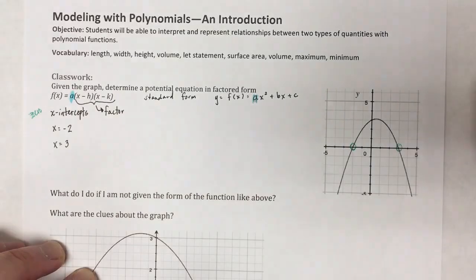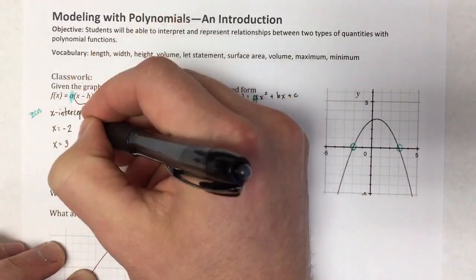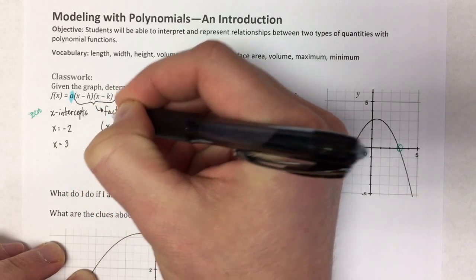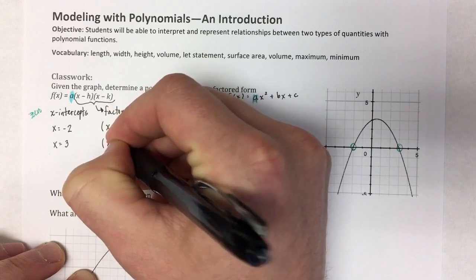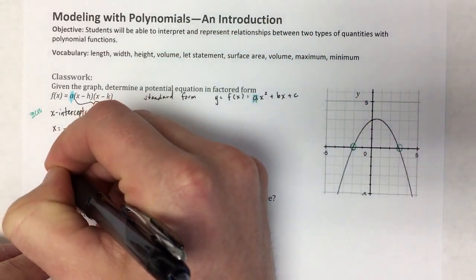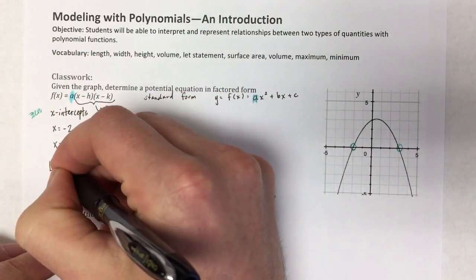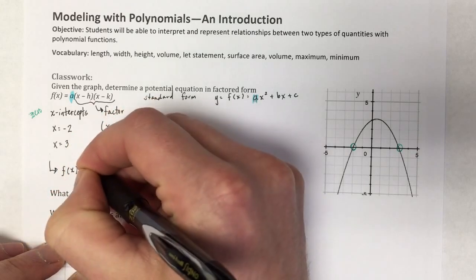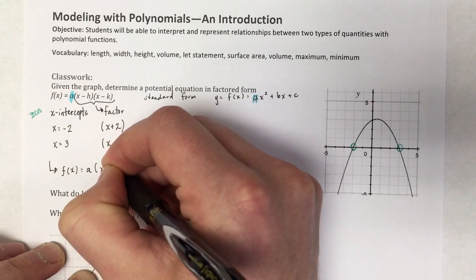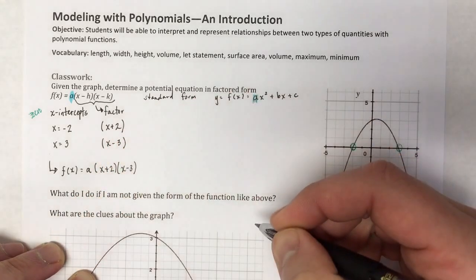And the question is, what factor brought us to the answer of x equals -2? And so one of the factors must have been x plus 2. The other factor would be x minus 3. And so at the moment, if I just make one further connection back to the original equation, it's f of x equals, now I don't know the value of a, but I do know the two factors now, and so I can write them out, x plus 2 and x minus 3.